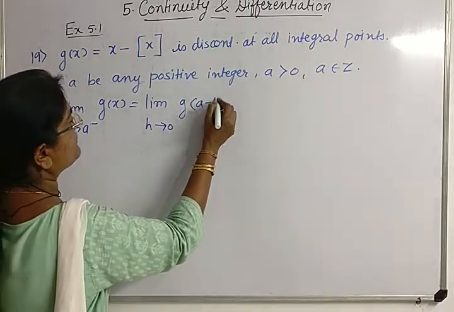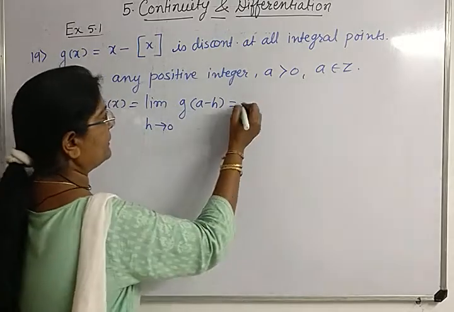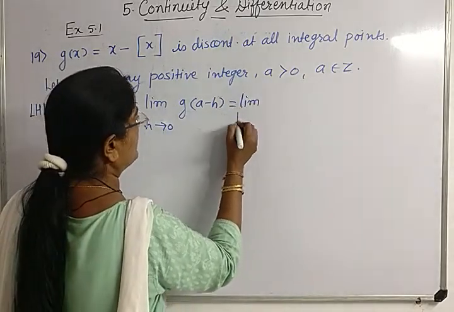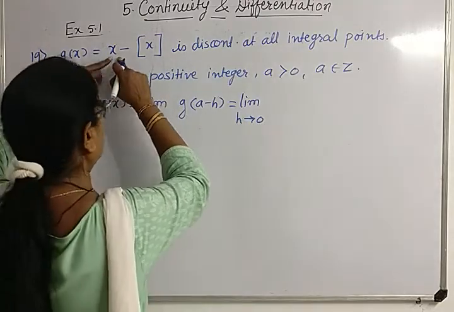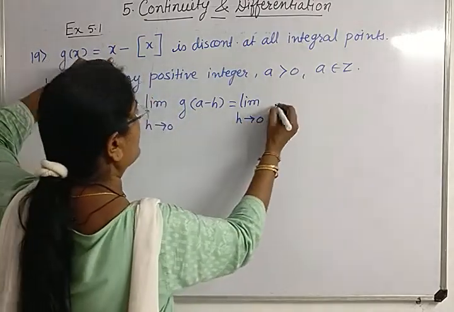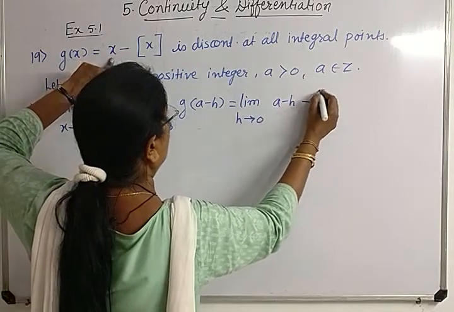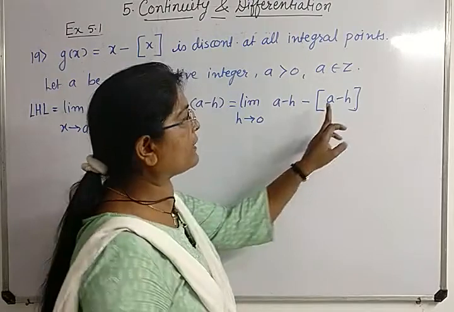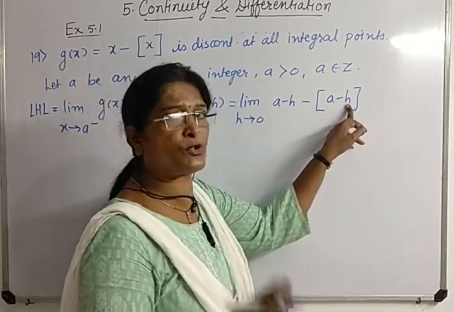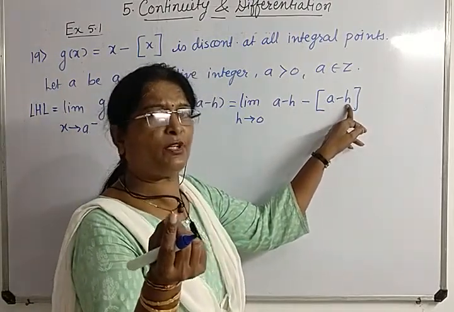The function is this one. तो जहां पे x है वहां पे a माइनस एच पुट करेंगे. a minus h minus greatest integer a minus h. अगर पॉजिटिव में से एक छोटा सा नंबर माइनस किया तो इंटीजर तो वही रहेगा.